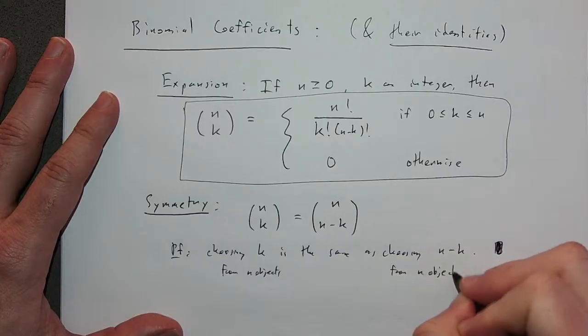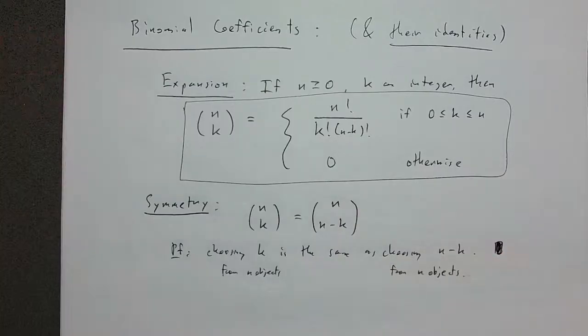And the reason for this is, as I said in words before I wrote this down, if you have a collection of n objects and you select k objects from them, that's the same as selecting the remainder, the n minus k objects that you didn't select, right? So counting the number to select versus not select is going to be the same.